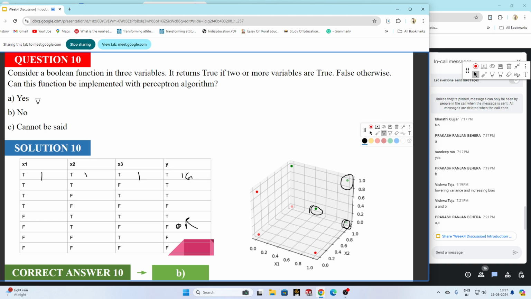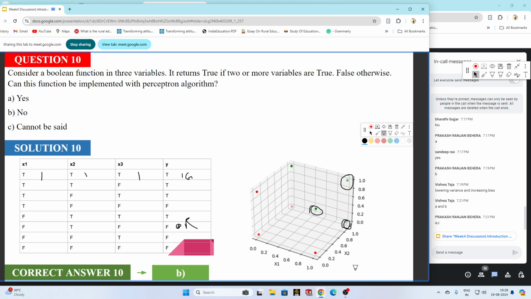Sir, but if we connect that 1 1 1 and those other 2 points with a triangle, then the other points are all on the other side of the triangle, right? But how will you separate this point and this point?